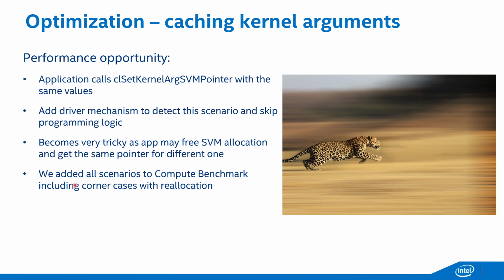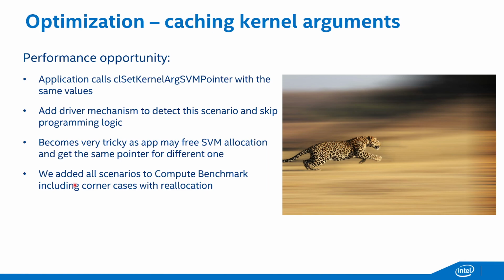So this created a performance opportunity to check in the driver if a given argument is already set, and if so, not redo this logic, because it would mean that we would program exactly the same thing in the driver, and the kernel state wouldn't actually change because we are setting the same argument on the given kernel.